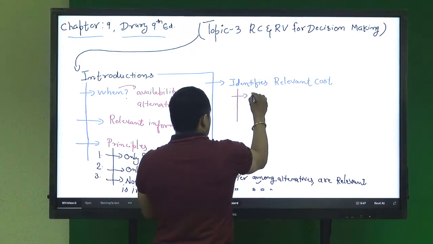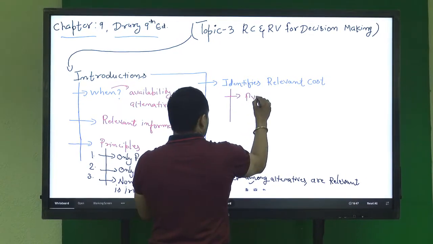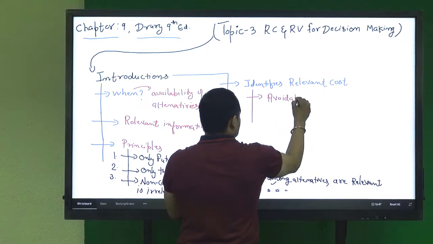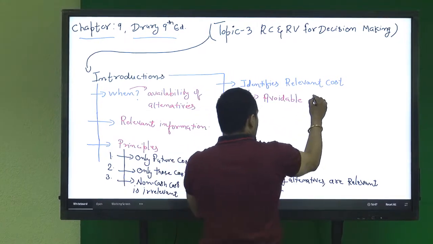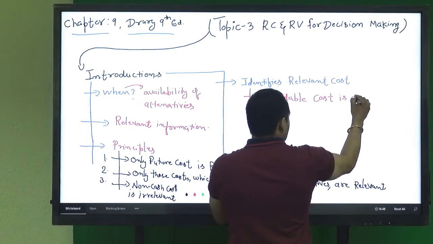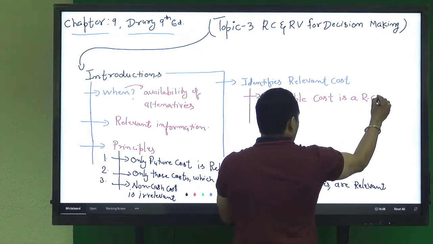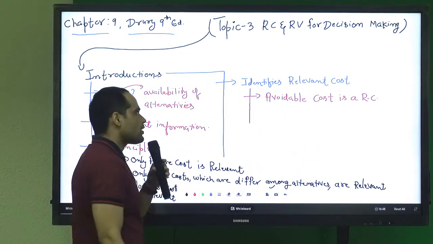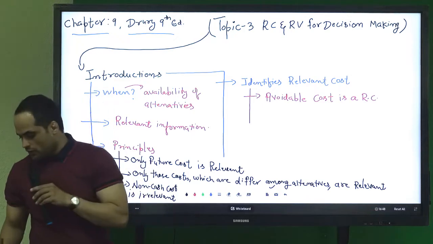So, first is avoidable cost is a relevant cost. Right? Avoidable cost is a relevant cost.